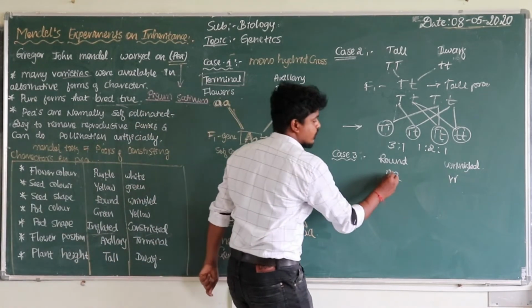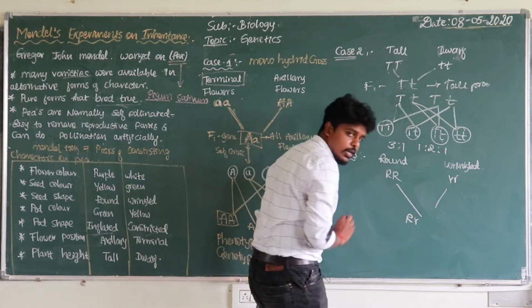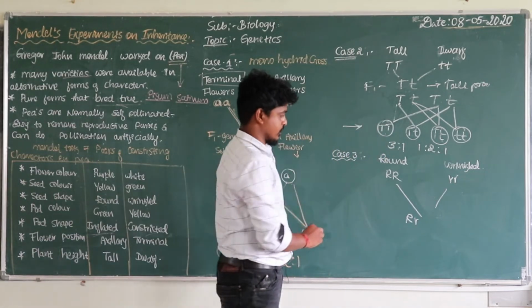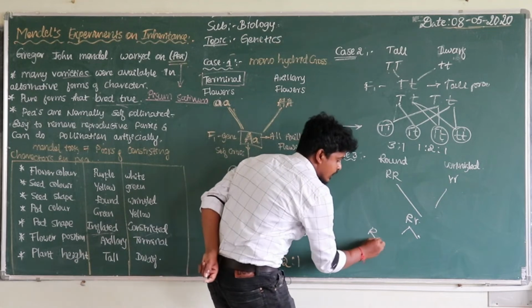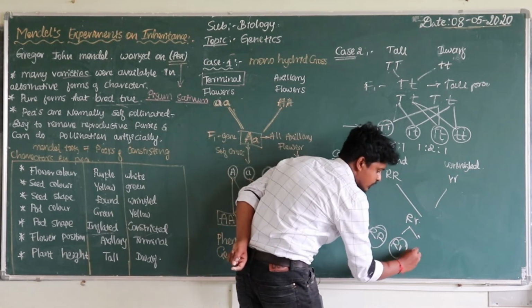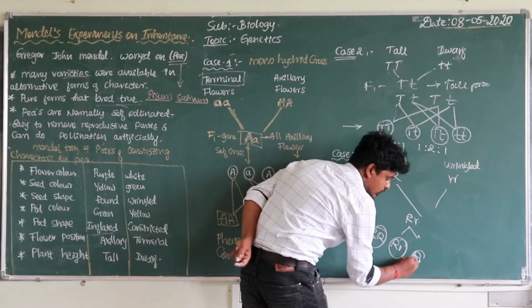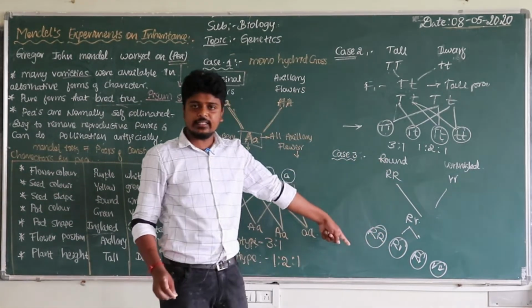Have a look here. In this case also the same thing. Capital R and small r. When you self cross this one, what will you get? Capital R and capital R, capital R and small r, capital R and small r, small r and small r. So you will get the F2 generation.